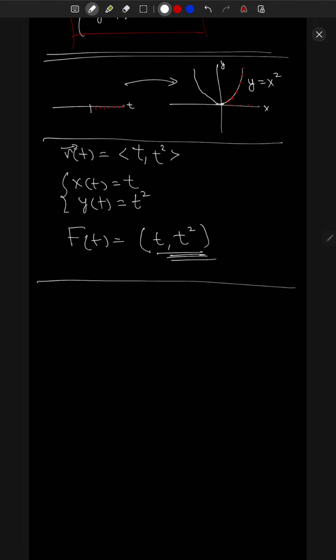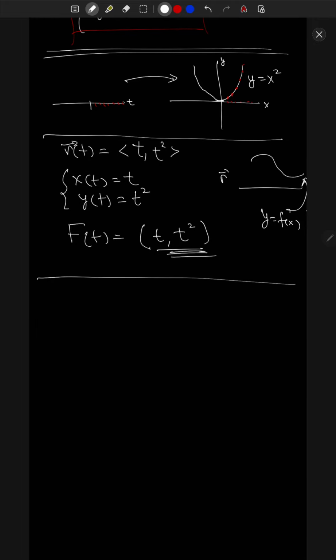So this was a standard way for us to create parameterizations out of a function. If we had a different function, let's say this is the graph of y equals f of x, then a parameterization we could use is r of t equals t comma f of t.